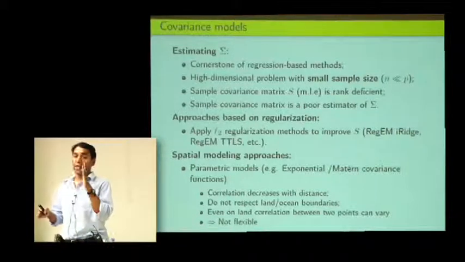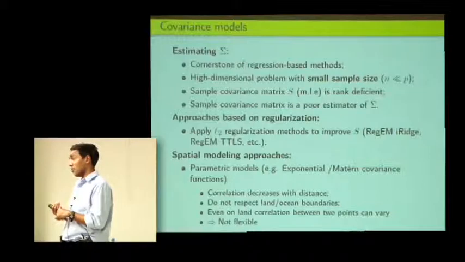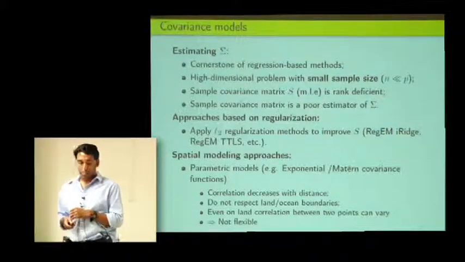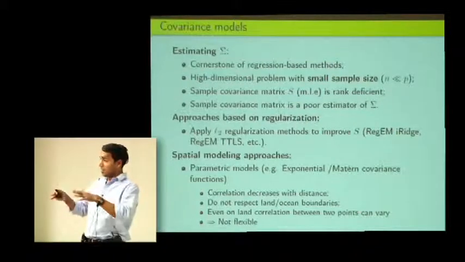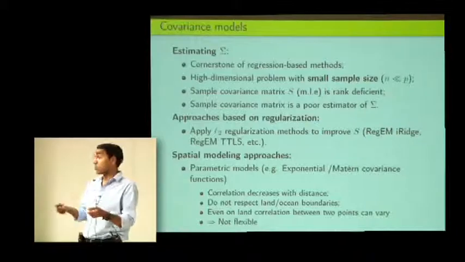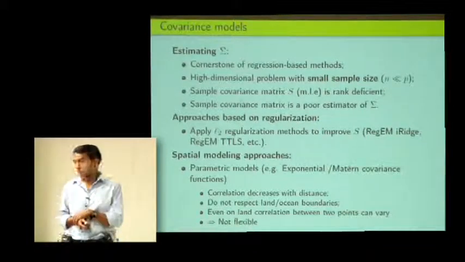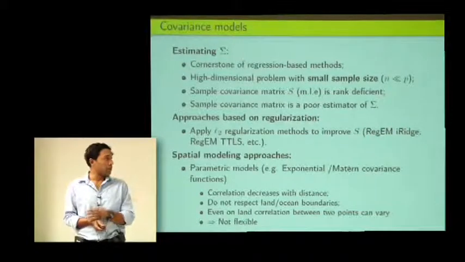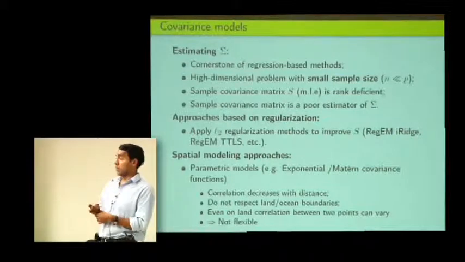Another approach that's been used is to model the covariance structure. Instead of saying I have a 2000 by 2000 covariance matrix to estimate, an approach that some have proposed is, why don't I get a covariance function which models the spatial relationships over space? And that was proposed by Hybers, for example. The problem with that approach, in the way we see it, is that it does not respect land-ocean boundaries.